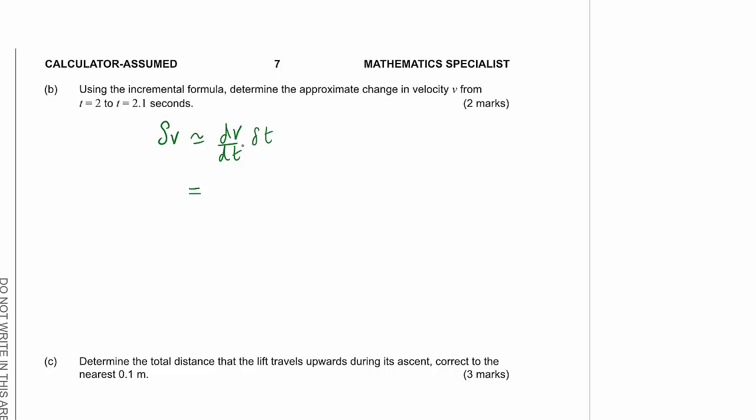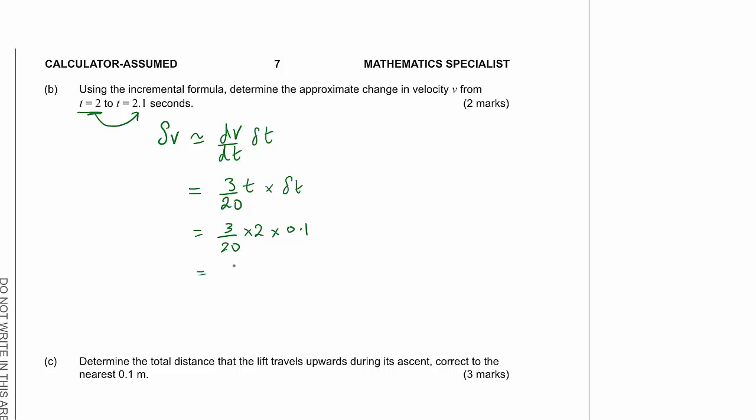So we know that dv dt is just the acceleration, which we know is 3 over 20 times t, and then we're going to multiply that by delta t. Well, in this particular case, t is equal to 2, and delta t is 0.1.